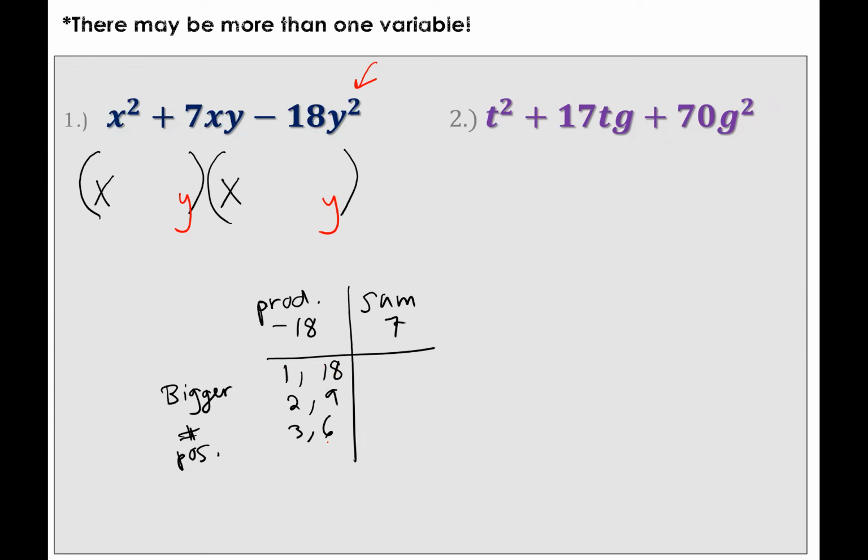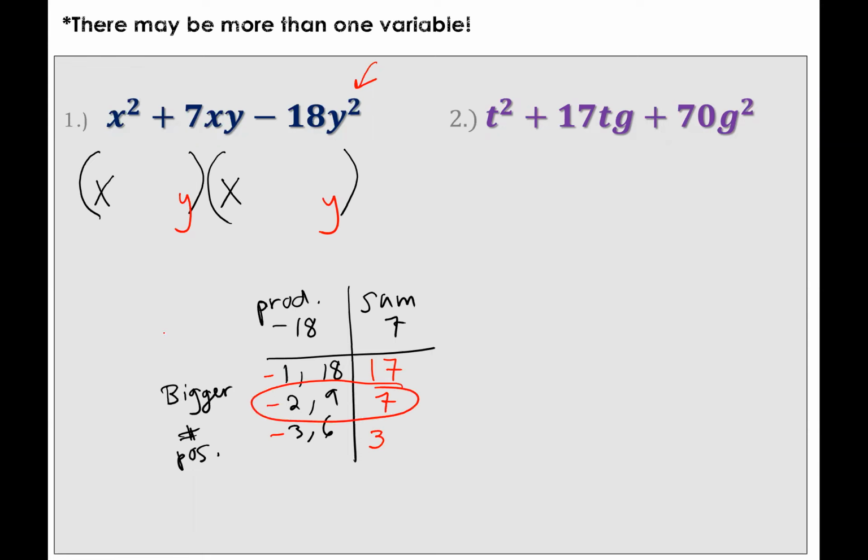I'm going to leave the bigger numbers positive and make the smaller numbers negative. Now when I add them, negative 1 plus 18 is 17, negative 2 plus 9 is 7, negative 3 plus 6 is positive 3. So here's the winning combination, negative 2 and positive 9.